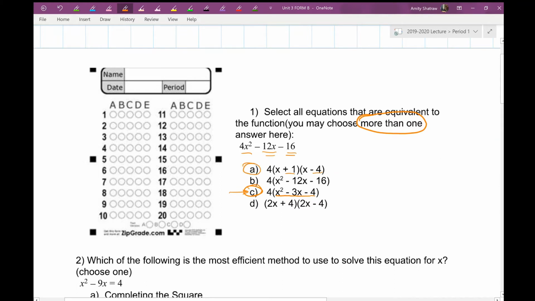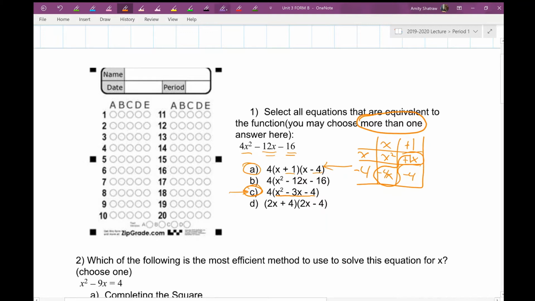But I have taught you how to multiply, and I saw a lot of students actually go ahead and multiply x plus 1 times x minus 4, and we get an x squared, we get a 1x, and we get a -4x, and we get a -4. And when we combine like terms on the diagonal, we do see that -3x. And so that's how you know that that is the correct answer.